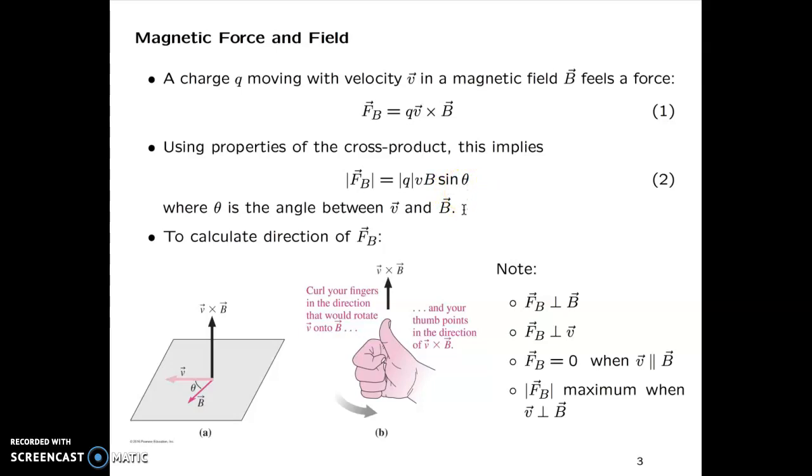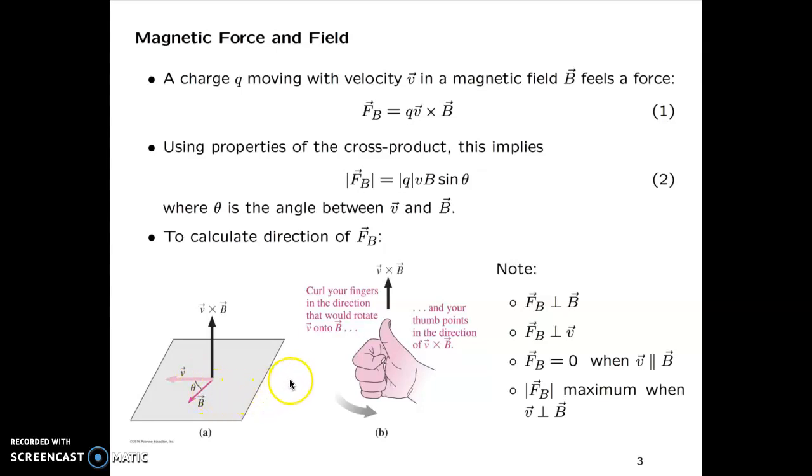It's the angle between V and B, illustrated over here in the figure. So if you have a vector V pointing in this direction and a vector B pointing in this direction, in the plane of this little gray shaded square, theta represents the angle between these two vectors.